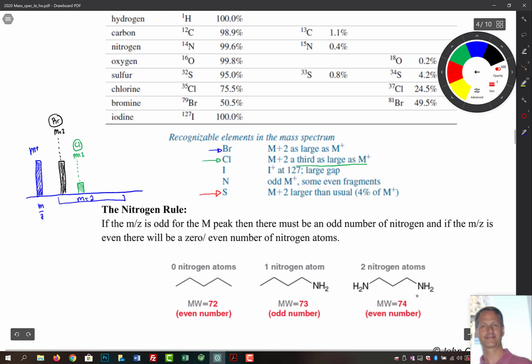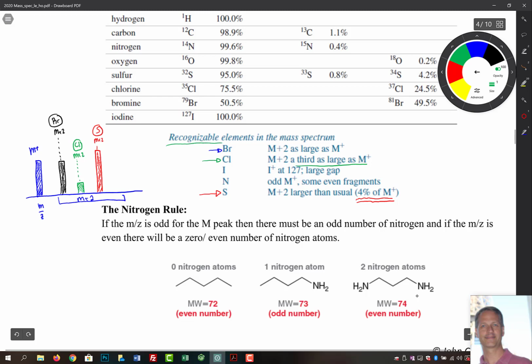M plus 2, larger than usual. So it's larger, usually 4%, and again, we're not going to get out rulers or calculators for that, but we're looking for a peak that's taller. So something like that. Now if you see that, again, there's another M plus 2, you suspect that sulfur is involved.